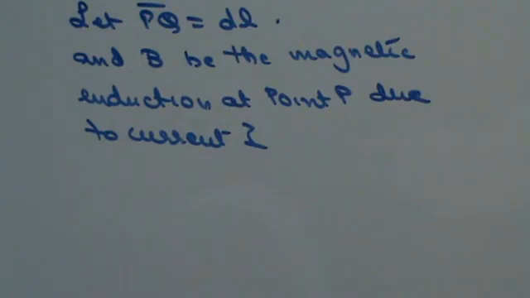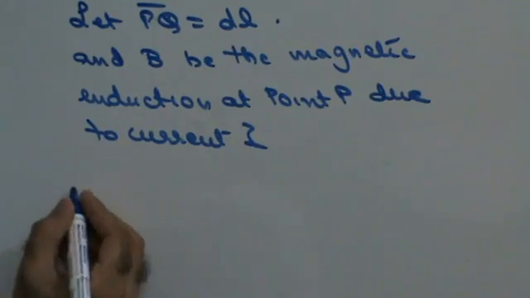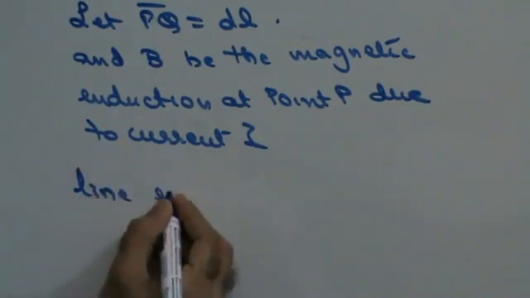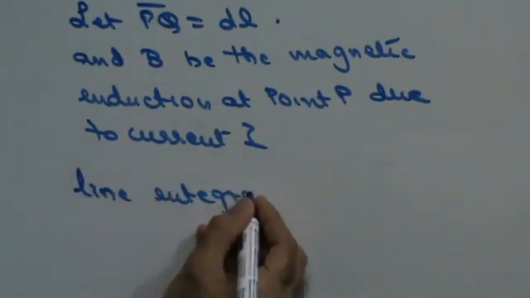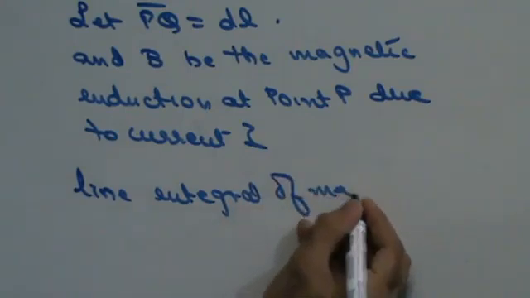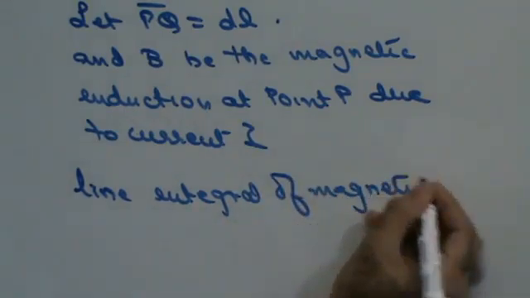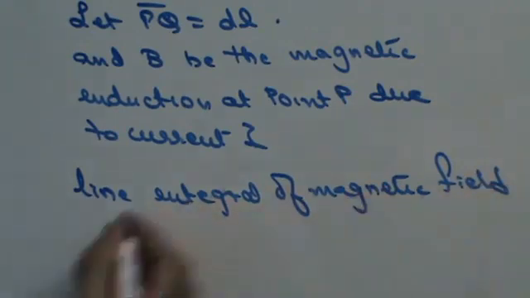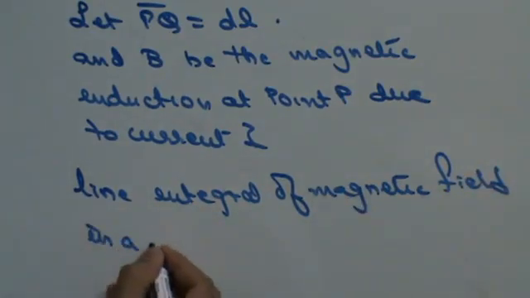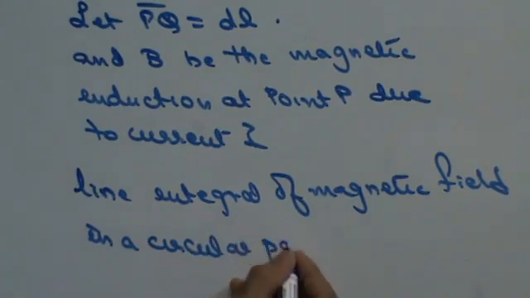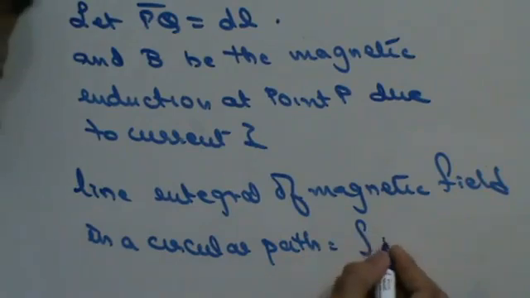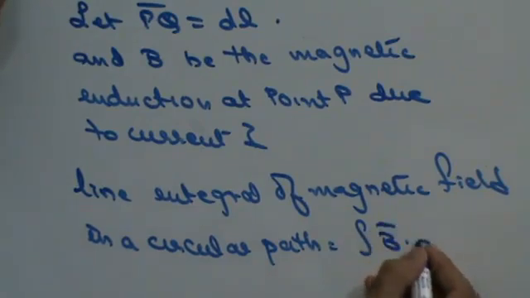Then I can say that the line integral of the magnetic field in a circular path, by Ampere's law, will be nothing but integral of B vector dot dl vector, right?